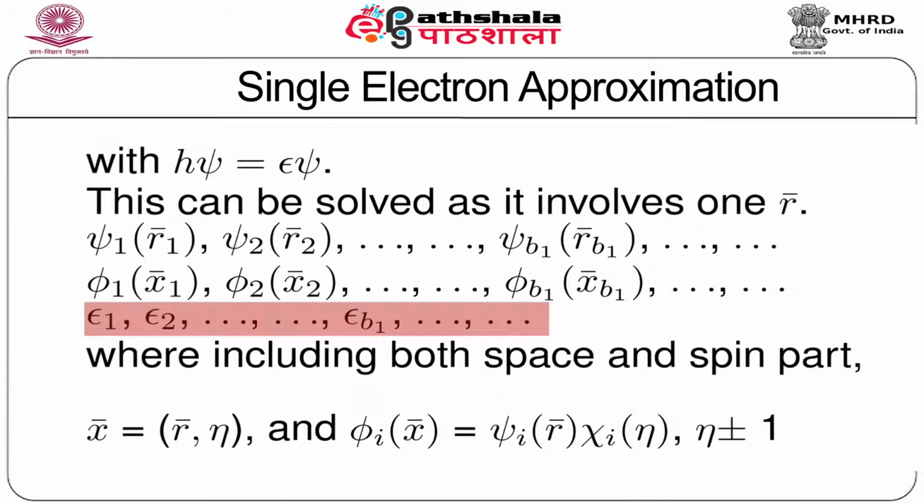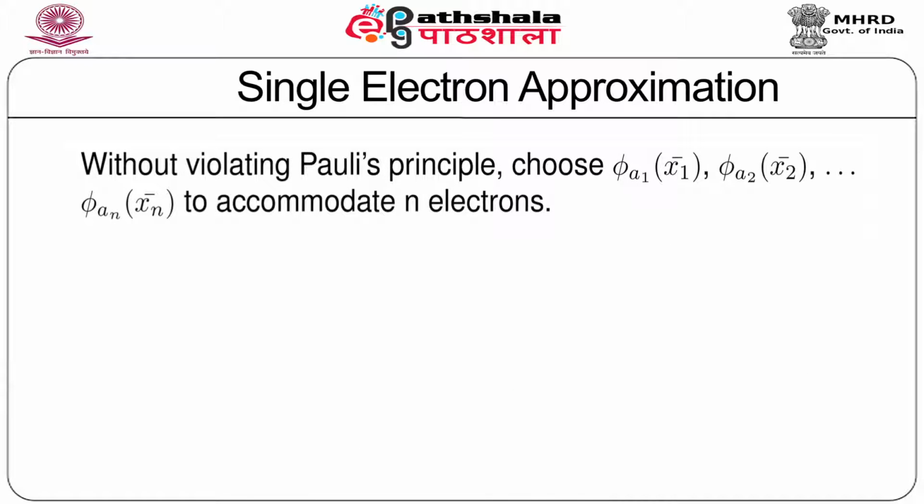The corresponding eigenvalues are given by epsilon 1, epsilon 2, etc. Now, without violating Pauli's principle, one may choose these single electron wave functions given by phi a1, phi a2, etc. to accommodate the n number of electrons.